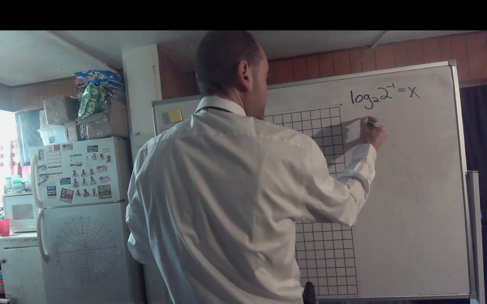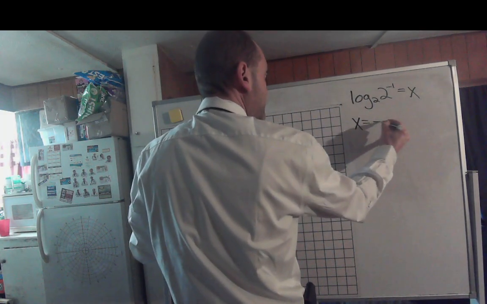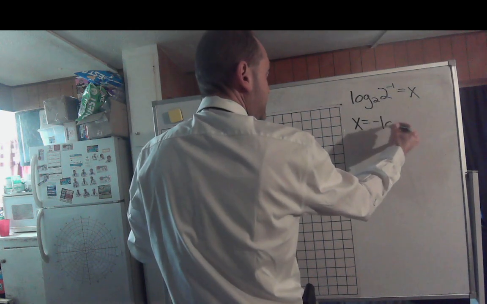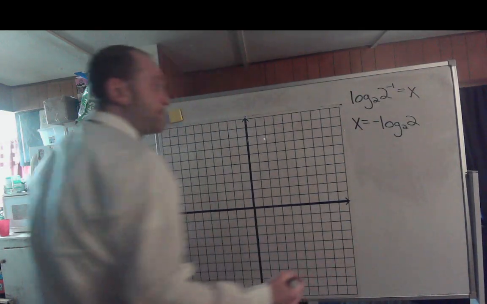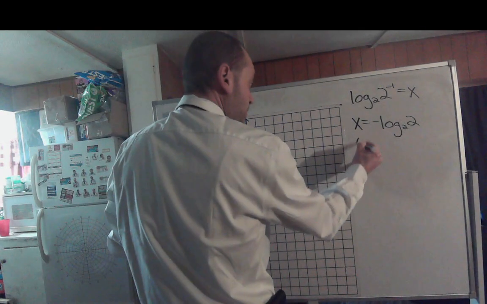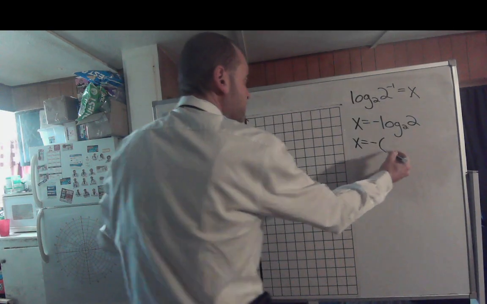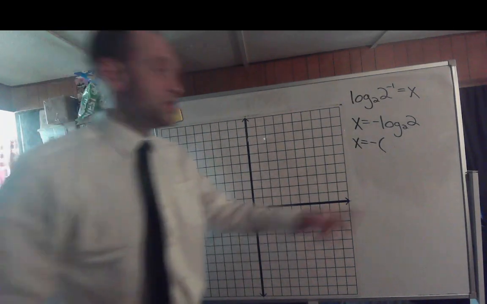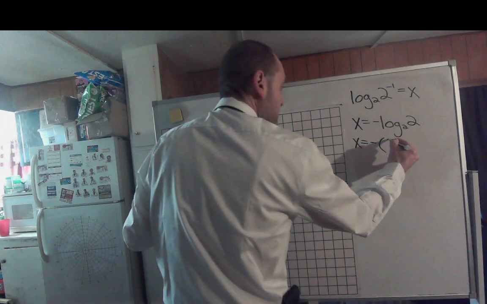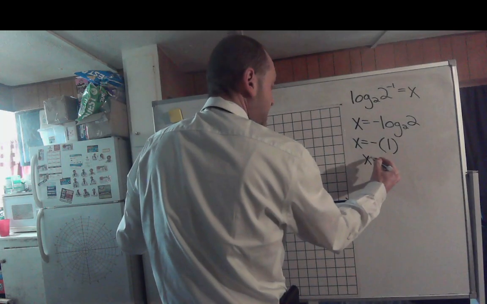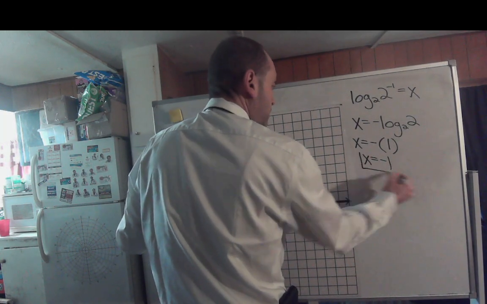So this means that x equals negative 1 times log base 2 of 2. Now, log base 2 of 2 means 2 to what power equals 2? That'd be 1, right? So x would end up being negative 1.